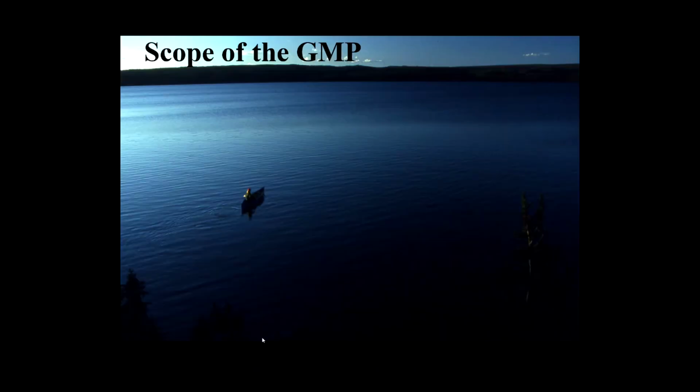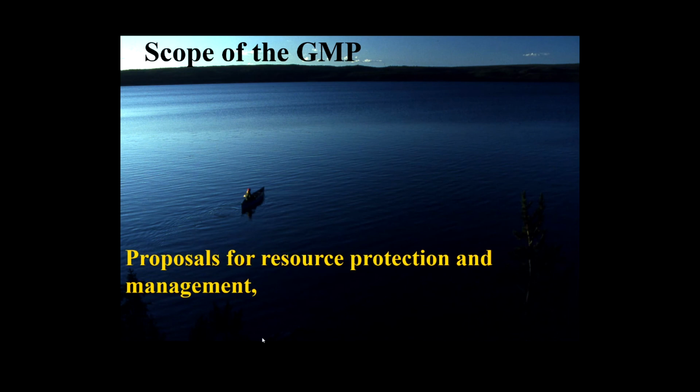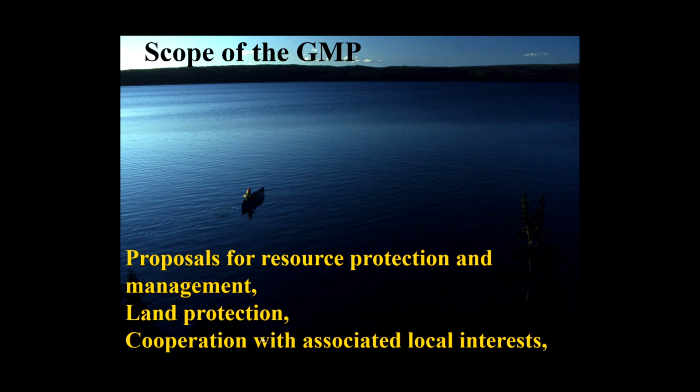Looking broader again, what is the scope? How wide, how deep does the general management plan go? Okay, so it does have proposals about resources and how to manage those resources. It talks about land protection, which is a resource. It also talks about cooperation with other local interests, neighbors next door, people who hold permits.